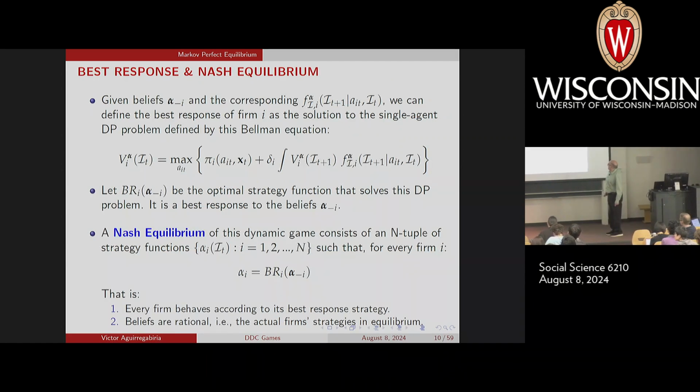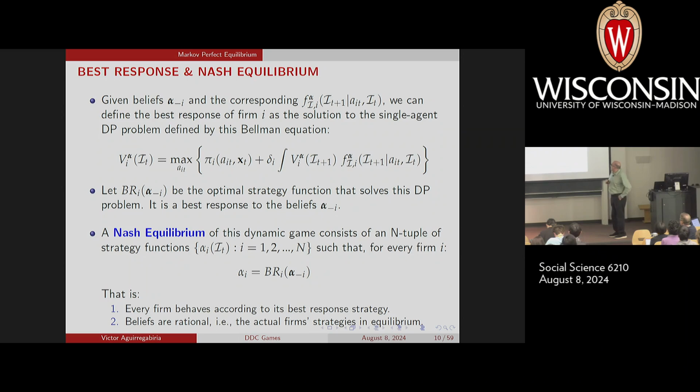Okay? Then given this transition probability of the information set, I can define a Bellman equation, a single agent Bellman equation. I index the value function by alpha.